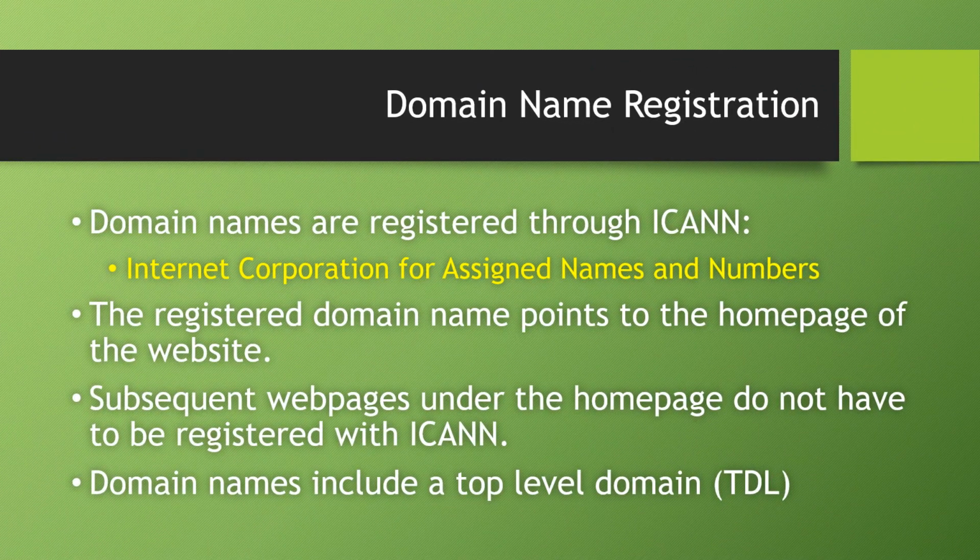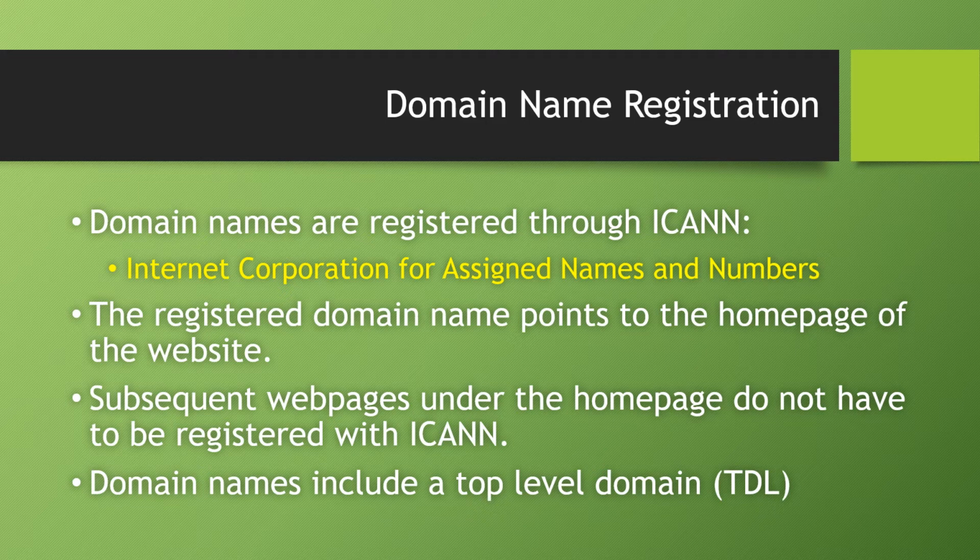When a website is created, it has to have a registered domain name. And that is right now done through an organization called ICANN, Internet Corporation for Assigned Names and Numbers. And once a domain name is registered through them, that becomes the home page.